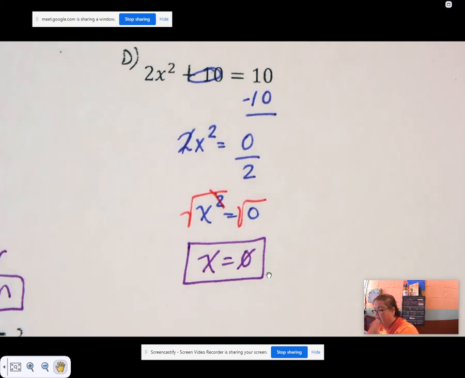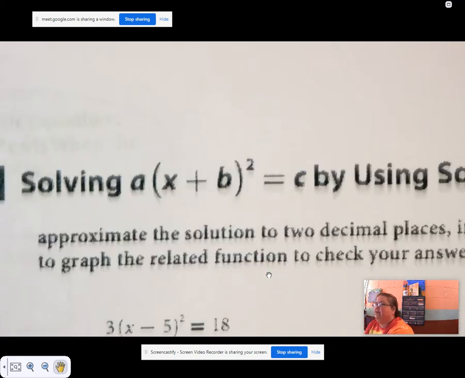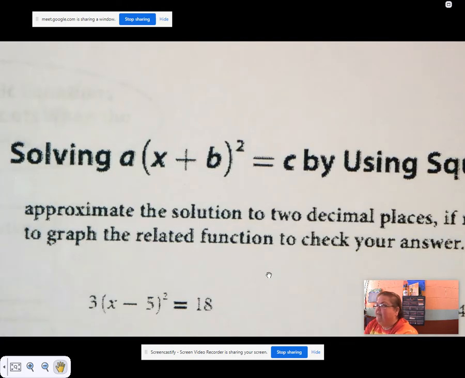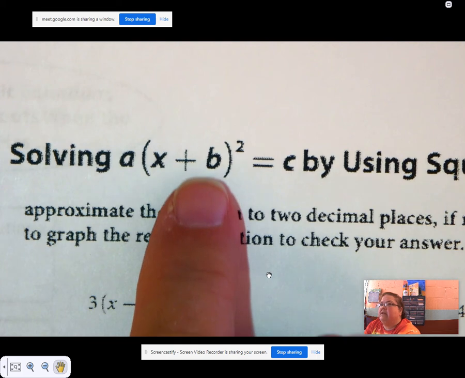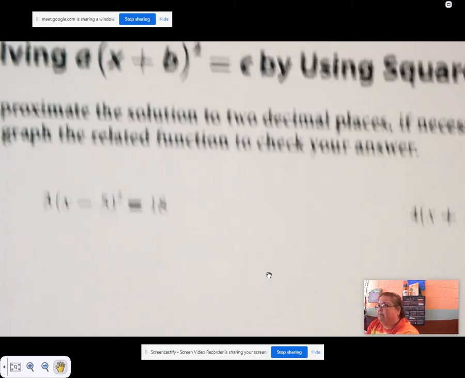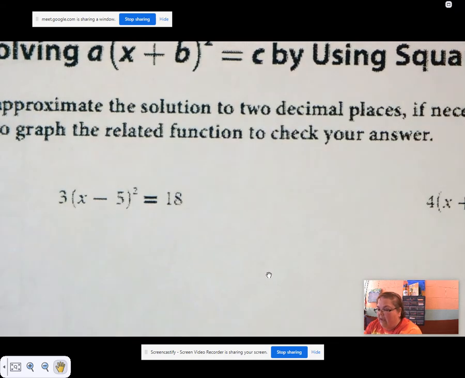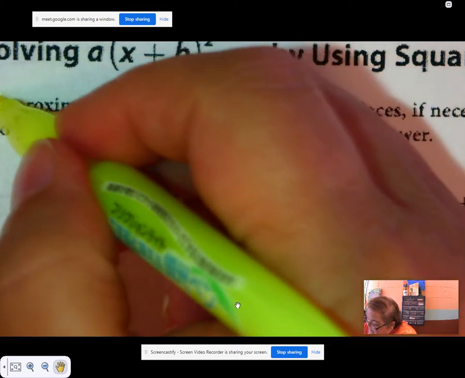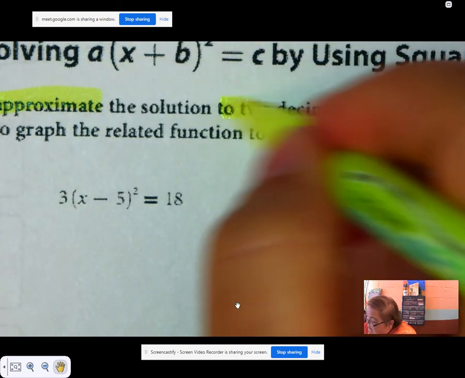Okay. Let's go down to explain number 2 and look at our examples down here because now we've got our B. And notice how B is on the inside of the parentheses. Okay? All right. If we get decimals, we're going to approximate to 2 decimal places.